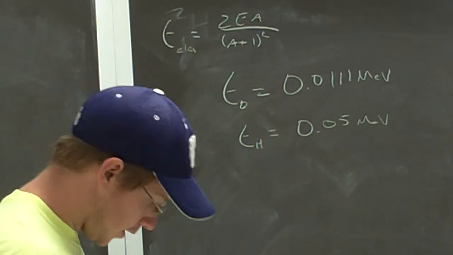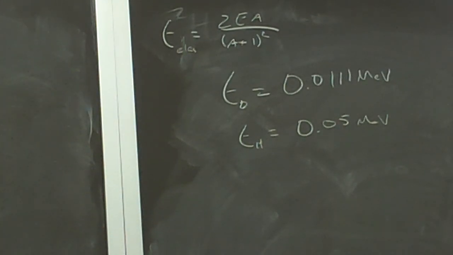So I'm going to calculate N over rho, no positional dependence, for each one, where N is the number of atoms per volume and rho is mass per volume.